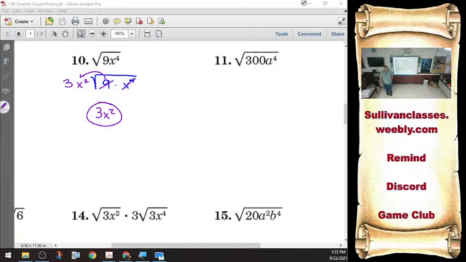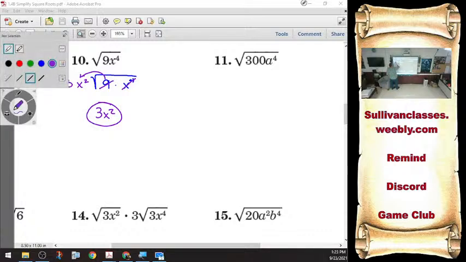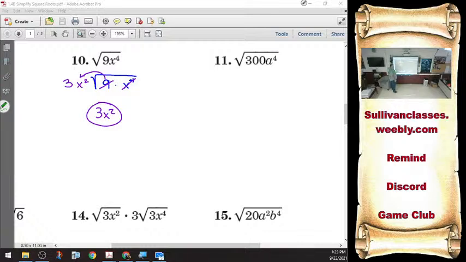But sometimes you can take some stuff out and other stuff stays in. 300. I can break it up. What times what makes 300? 3 and 100, right? Well, 3 is one of my primes. How do I break up 100? 2 and 50, okay. 2 is a prime.